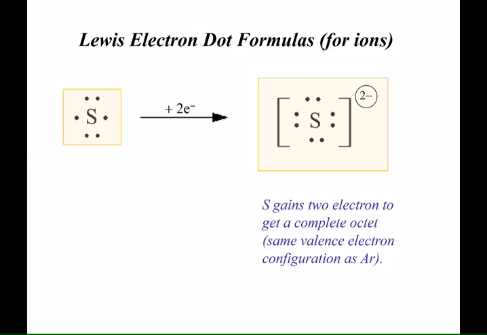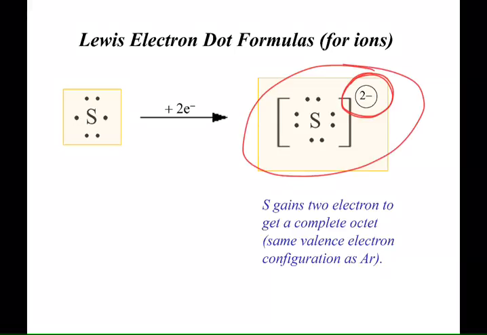Since it picked up 2 electrons, you can see the charge is now -2. If you look at where sulfur is in the periodic table, now its electrons, not its nucleus, are the same as argon. Its nucleus still has the same number of protons, so it's still sulfur, but its electrons match those of argon.